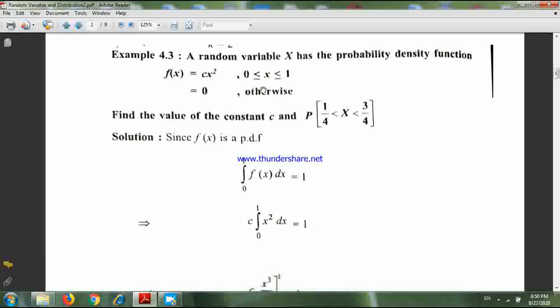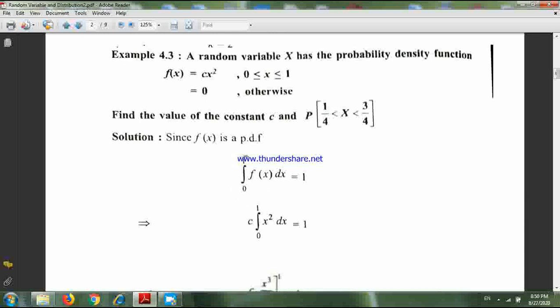Actually, the range of x is minus infinity to plus infinity, because in the interval 0 to 1 the value of the function is cx square, and outside this interval the probability is 0. So basically it is defined on the interval minus infinity to plus infinity. No harm if you directly write the integration 0 to 1, but the best thing is to write minus infinity to plus infinity.